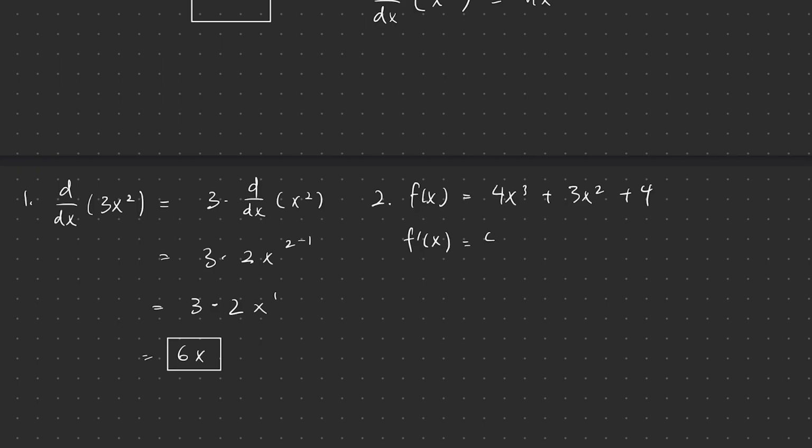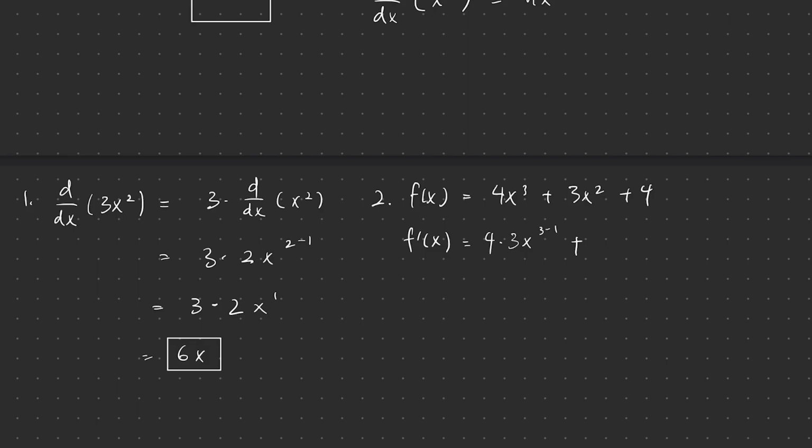Then do your power rule. So you have 3 times x to the 3 minus 1. Then remember, in differentiation, addition and subtraction are alone, so you can treat each term by itself, so you don't have to worry about how they work together. But during multiplication and division, you have to treat them as a whole.